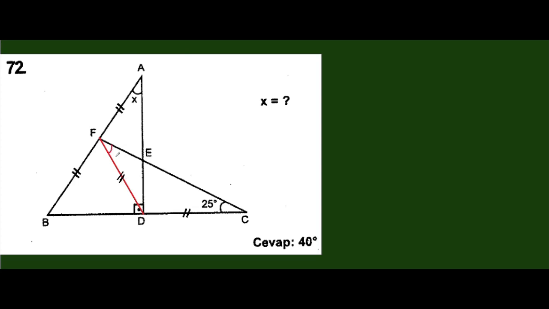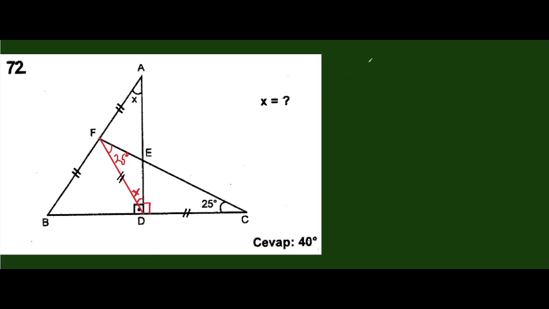So this angle will be 25 degrees because the sides FD and DC are equal. And I also know that this angle will be x here, and this angle is 90 degrees.